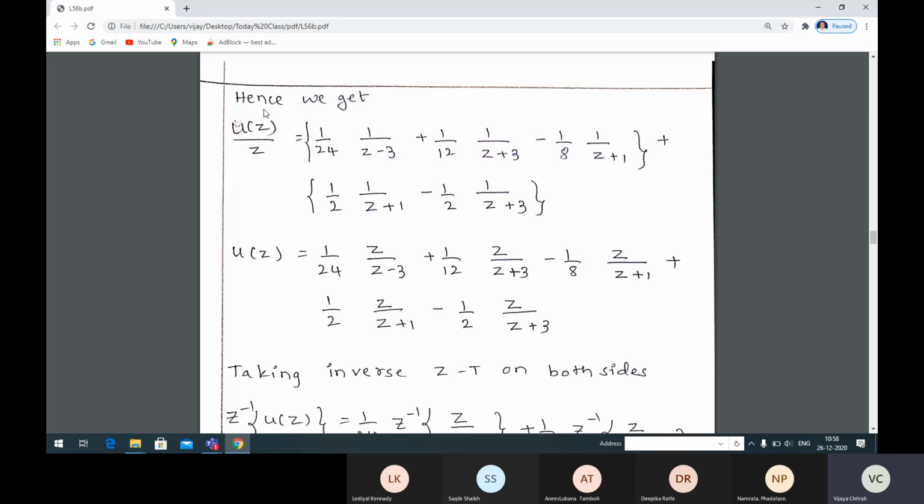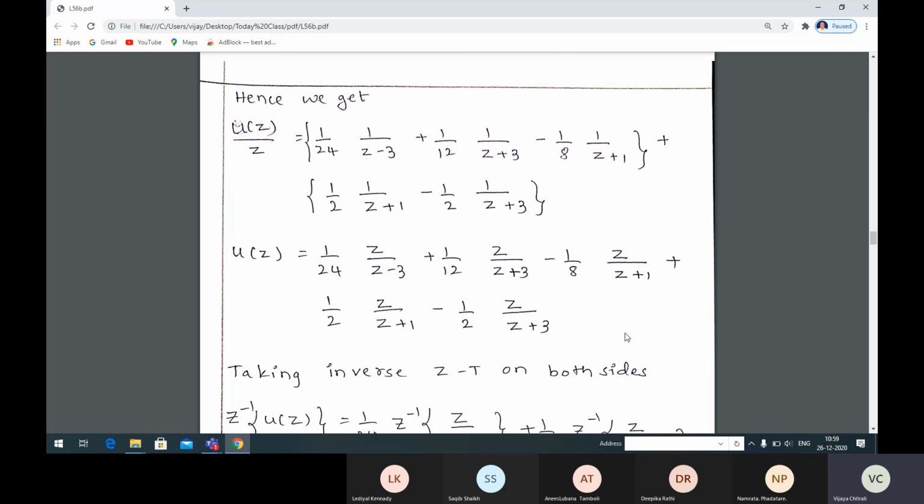This is in the denominator, so it comes to this side as numerator. So multiply z to all the terms. You get 1 upon 24 z divided by z minus 3, plus 1 by 12 z divided by z plus 3, minus 1 by 8 z divided by z plus 1, plus 1 by 2 z divided by z plus 1, minus 1 by 2 z divided by z plus 3.